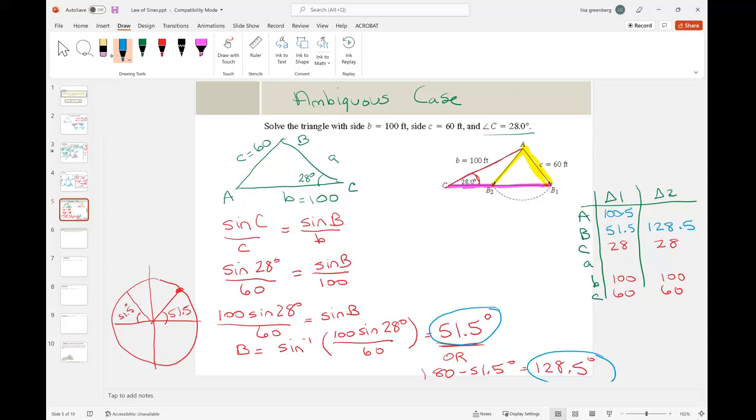And for the second triangle, 128.5 plus 28 is 156.5. Subtracting from 180, I get 23.5. So those are my two possible triangles.